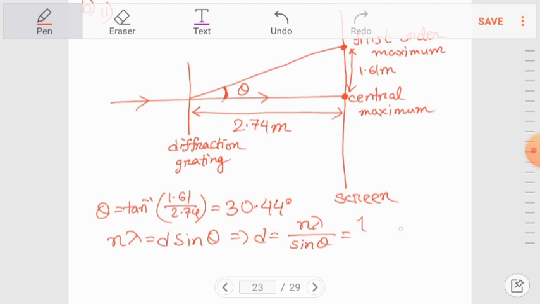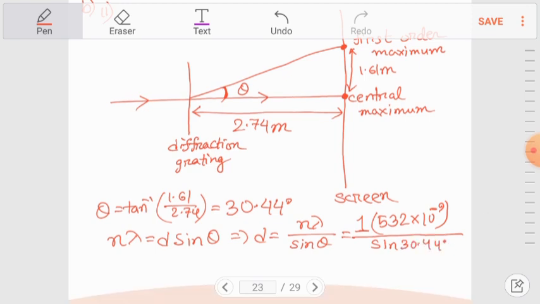So it will be 1 times the value for lambda, that was 532 times 10 to the power negative 9, because we always take the value for wavelength in meters, divided by the value of sine theta. So it will be sine 30.44 degree. And if you calculate it, you get a value of 1.05 times 10 to the power negative 6 meter. So this was the value for d.